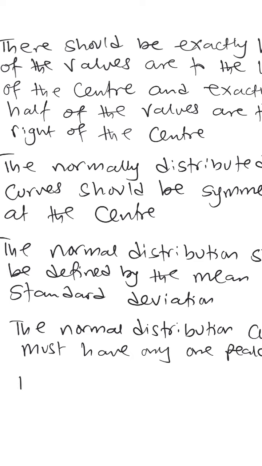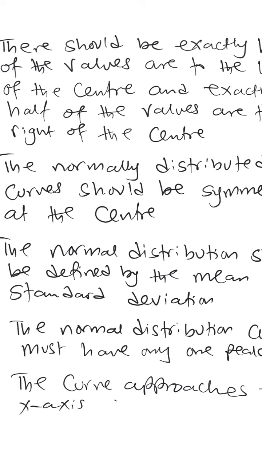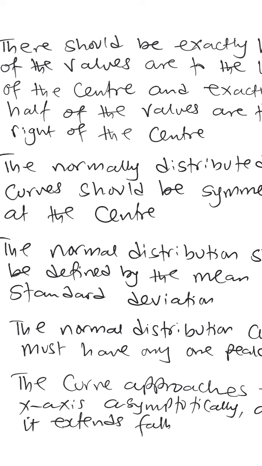So the curve approaches the x-axis asymptotically, and it extends further away from the mean. Okay, so those are some of the properties of the normal.